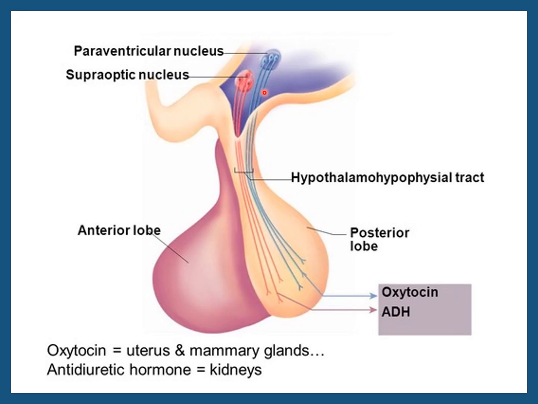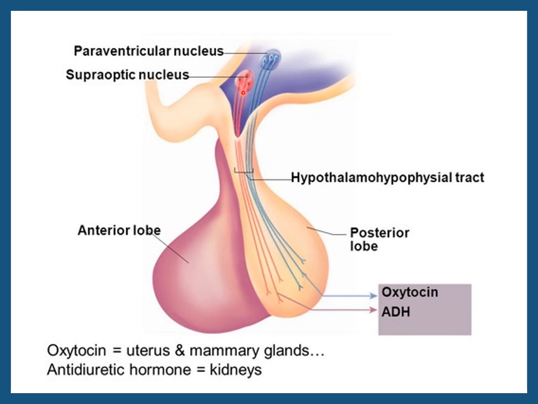The paraventricular nucleus has neuron cells that will actually produce oxytocin in the hypothalamus. And then the oxytocin will travel down that stalk through the hypothalamo-hypophyseal tract and into the posterior pituitary gland. There, that hormone will be stored until it's ready to be released by the body.